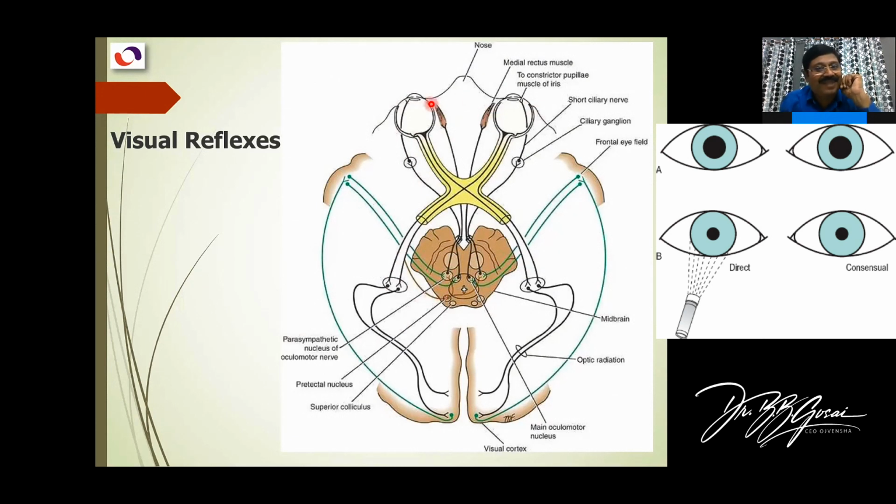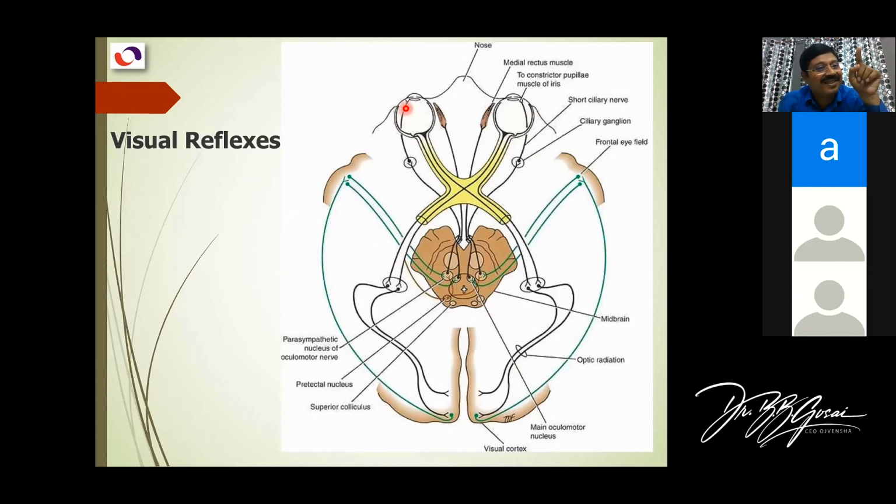At the same time, the ciliary muscles are supplied by the same fibers. So when the eyes are converging, the pupil constricts and the lens becomes thick. That is the accommodation reflex.